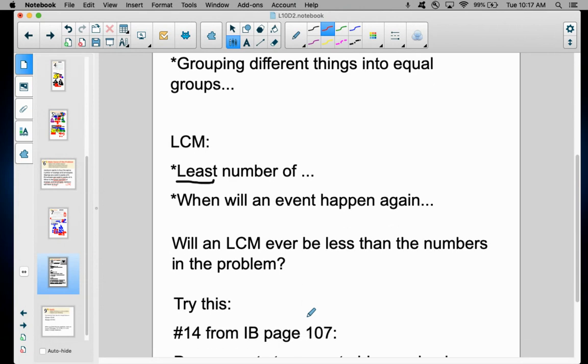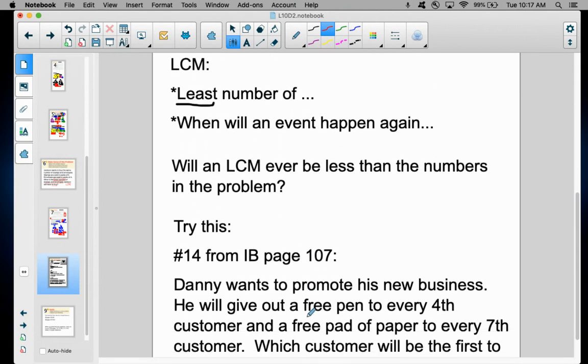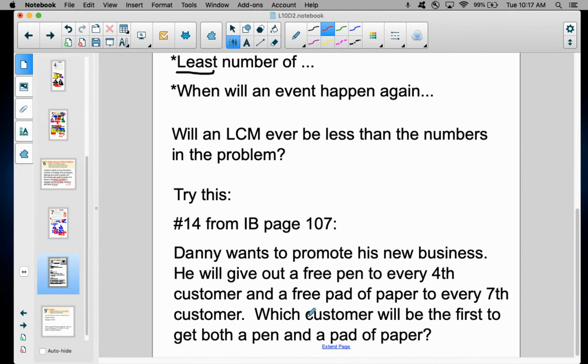And then we tried this together to finish off before we did our Pear Deck. So this is an example of when will something happen again. So Danny wants to promote his new business. He's going to get a free pen for every 4th customer and a free pad to every 7th.